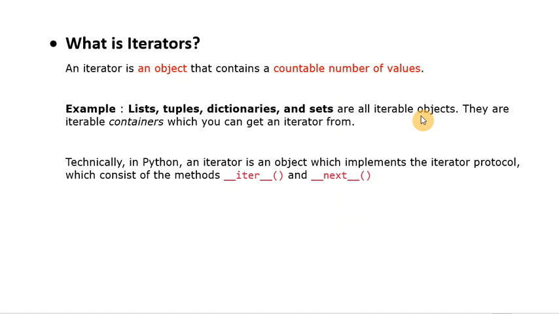Let's suppose in a list we have 10 numbers and we want to access them. Basically we use a for loop there. With the help of the for loop, we access each element of the list, apply our operation on it, and process it.